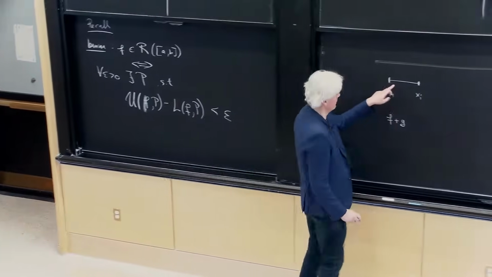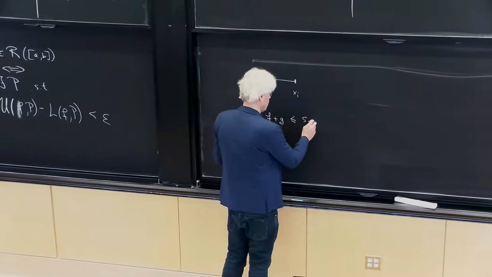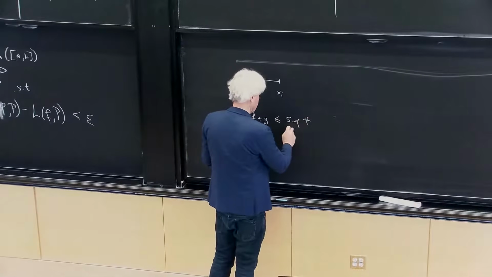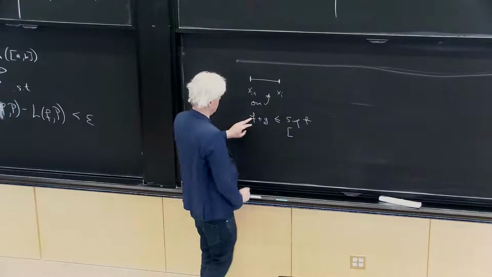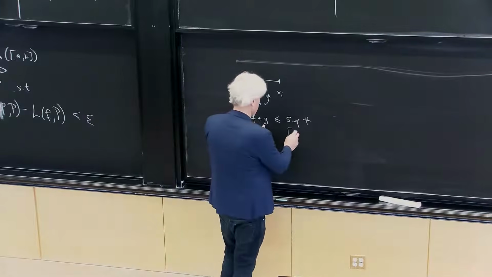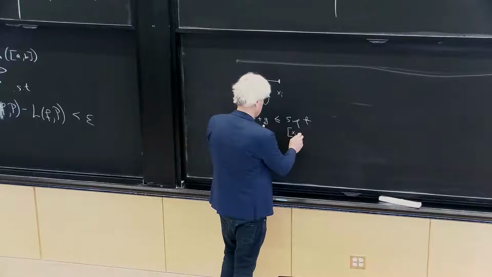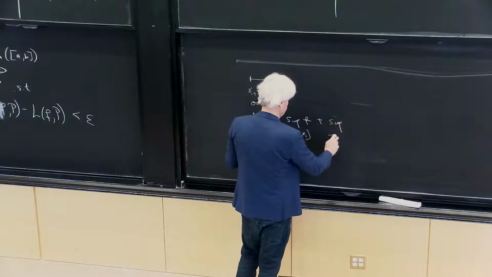On this interval, the sum is less than or equal to the sup of f plus the sup of g on the same interval.